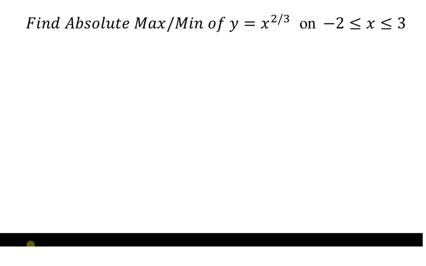The last example we're going to look at is to find the absolute max and min of y equals x to the 2/3 power on the interval -2 to +3. We're going to do this first without looking at the graph.